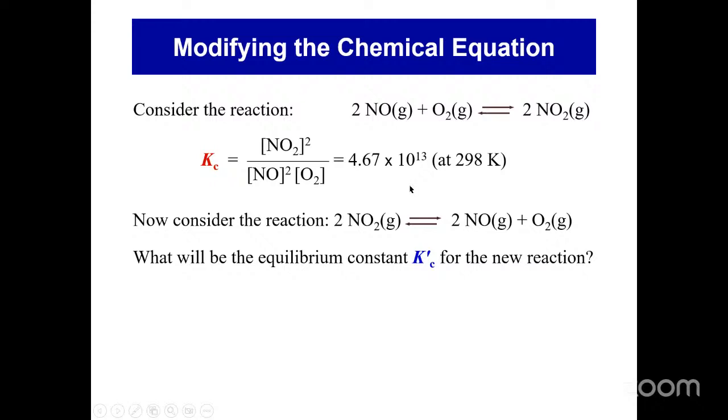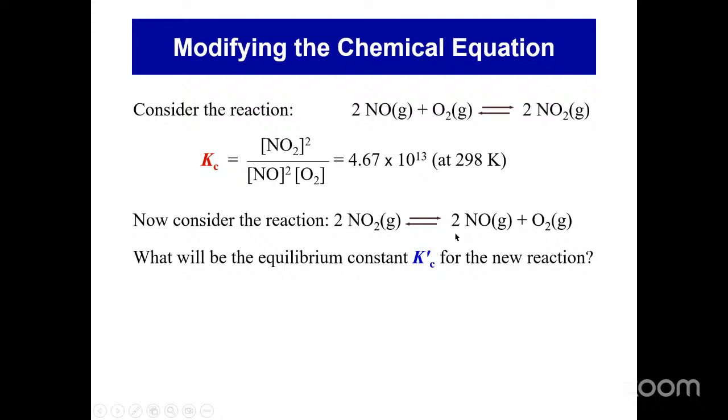Firstly, NO squared, I'm sorry. Because remember, you need to raise the concentration of the reactant or product to the exponent of its coefficient, right? So you were saying concentration of NO squared. And what about O2? So it would be NO squared and O2? Right, okay, I'm sorry, I didn't hear you right.